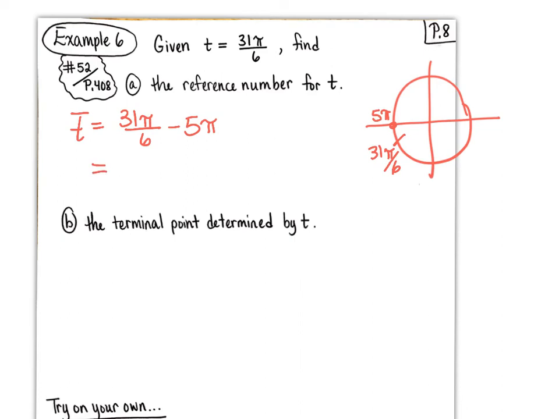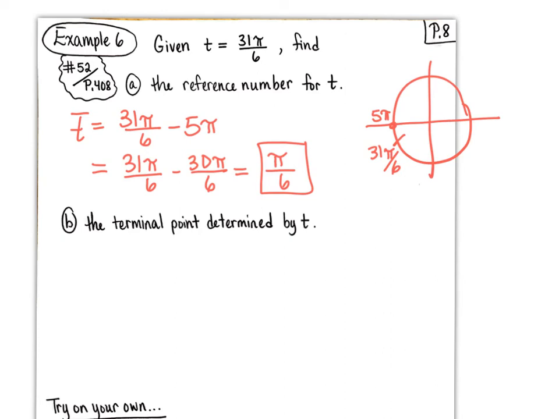So that's equal to 31 pi over 6 minus 30 pi over 6, and that gives us what? Pi over 6, not negative pi over 6. But good. What questions do you have?